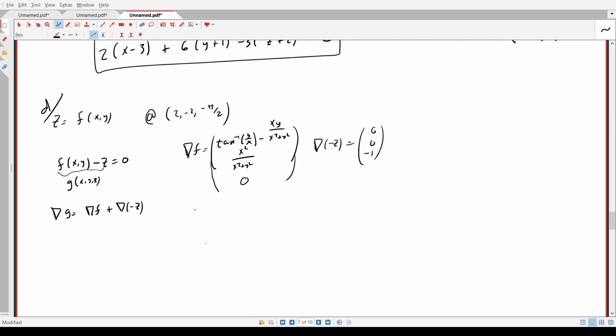Okay, so that tells me that gradient of g is this, and I'm going to plug in these numbers. So I have 2, minus 2, so that's tan inverse of minus 1. Minus, that's going to be actually plus 4 over 2 squared plus 2 squared, that's 8.